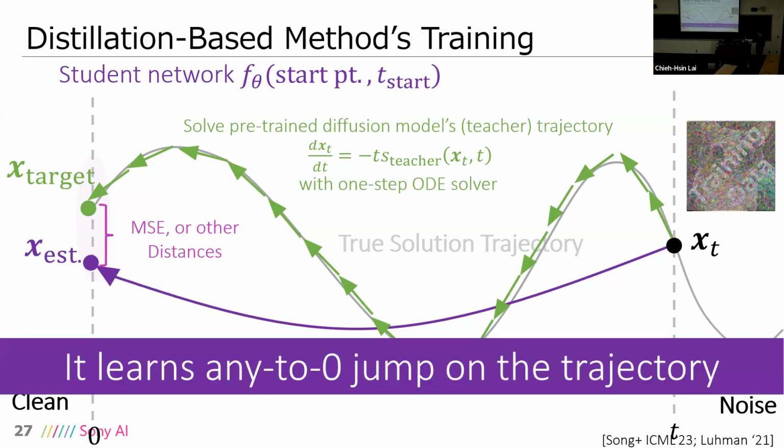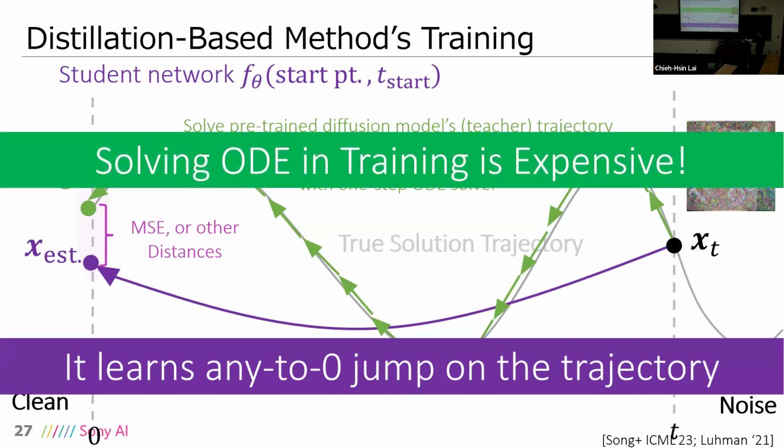But there are some problems. The first one is it's kind of a little bit cheating, right? Because we bring the same slow inference into the training, and it can even make the training more expensive.